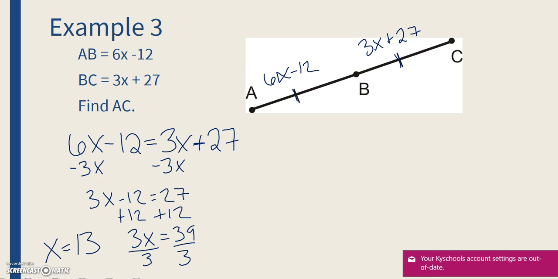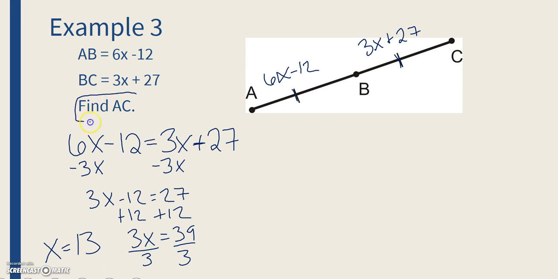Now, remember at the very beginning, it asked us to find AC. So in order to find AC, this is not AC, this is just x. So we need to substitute our x value back into the x terms. And since B is between A and C, we can use the segment addition postulate and add these together.